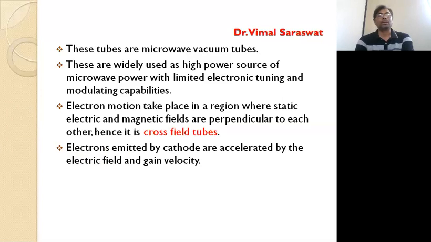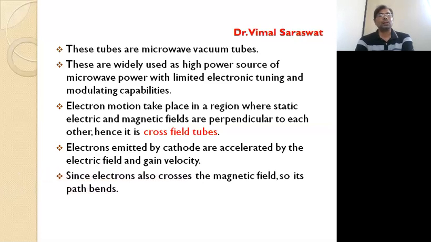In this tube, electrons emitted by the cathode are accelerated by the electric field, and during this motion, they gain velocity. Since the accelerated electrons also cross the magnetic field, during this path they bend from their original path.